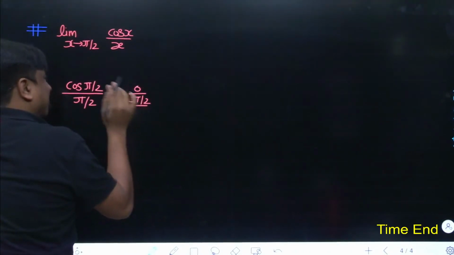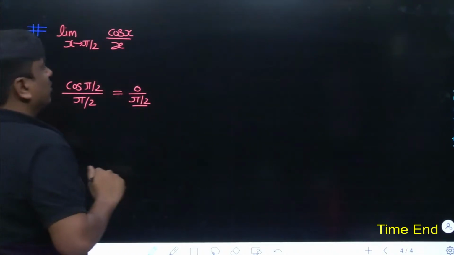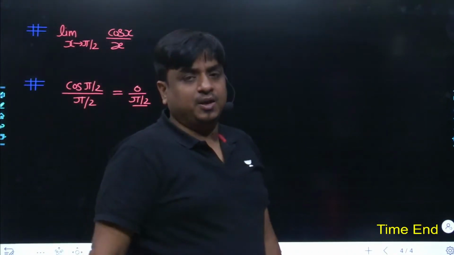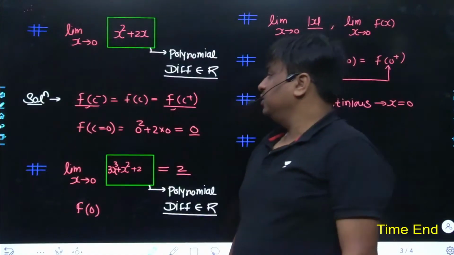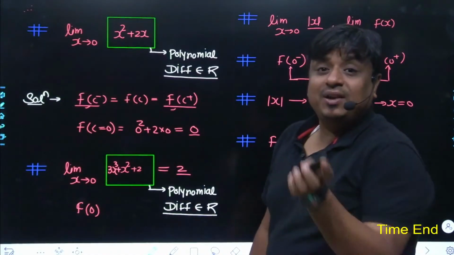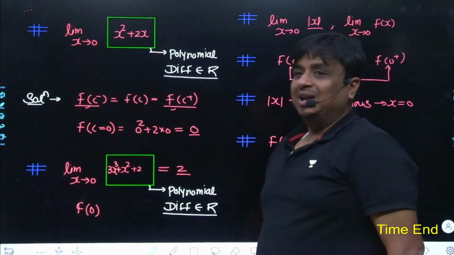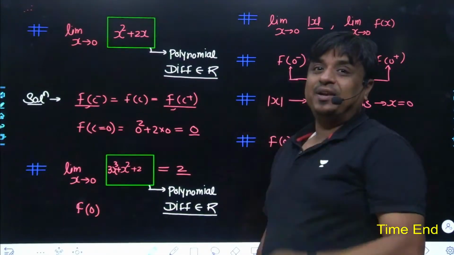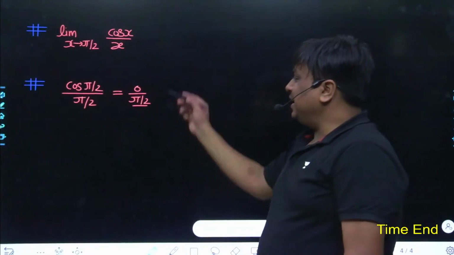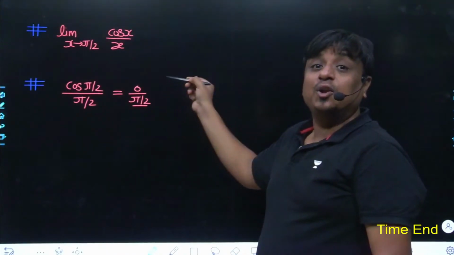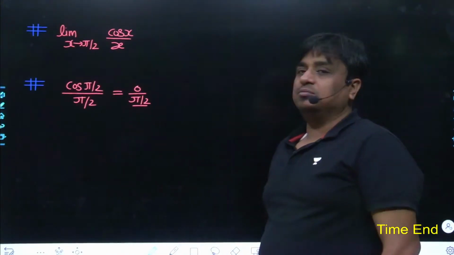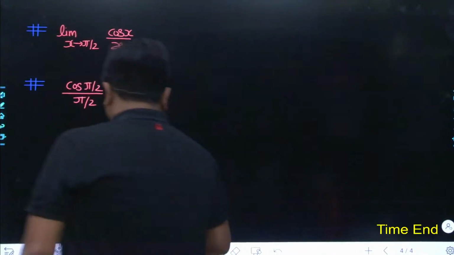Many students might apply the L'Hospital rule in this question. No, not at all required, and you can't apply it either, because there are only 7 different variants of indeterminate forms, which include 0 by 0 and infinity by infinity, but this is a case of 0 over a non-zero constant value. So obviously the result is 0.